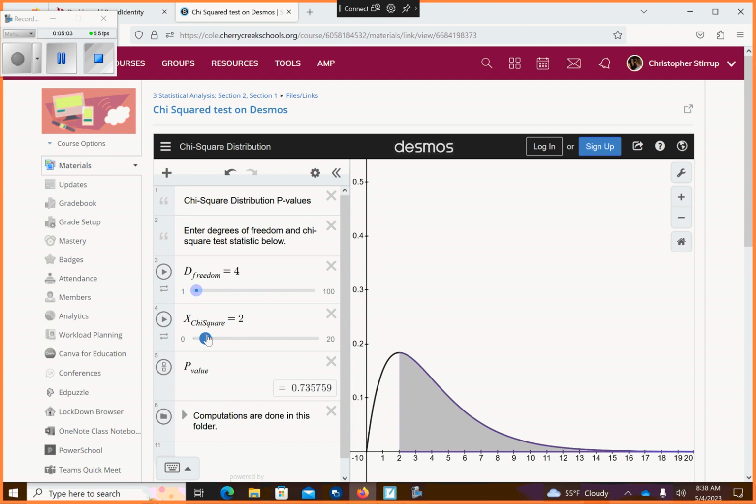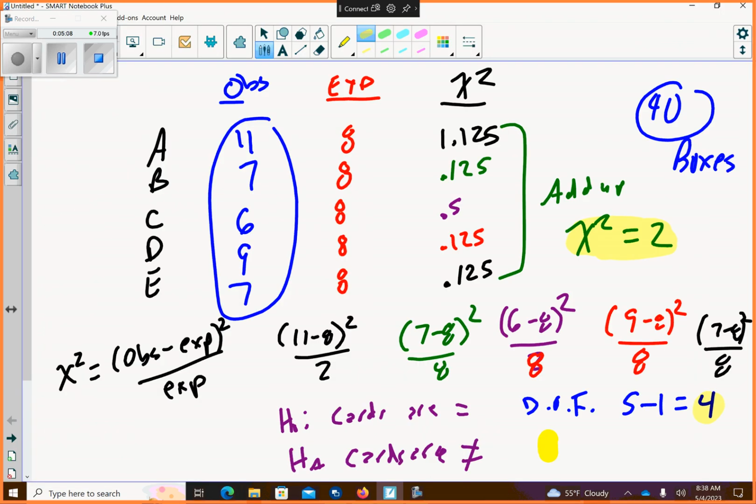So our p-value in this case is 0.74. The default, if the alpha value is not given, is that we're looking for p-values less than 0.05. Obviously, 0.74 is bigger.